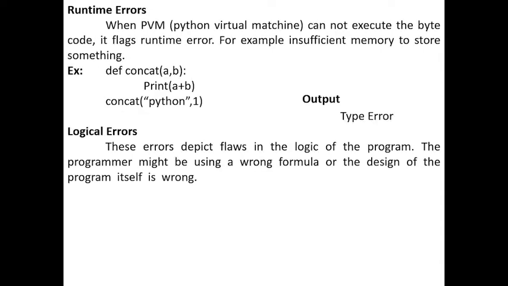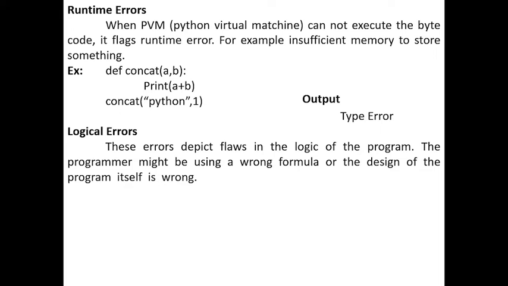Runtime error: when the PVM, Python virtual machine, cannot execute the bytecode, it flags a runtime error. For example, insufficient memory to store something is a runtime error. Next comes the logical error. These errors depict flaws in the logic of the program.